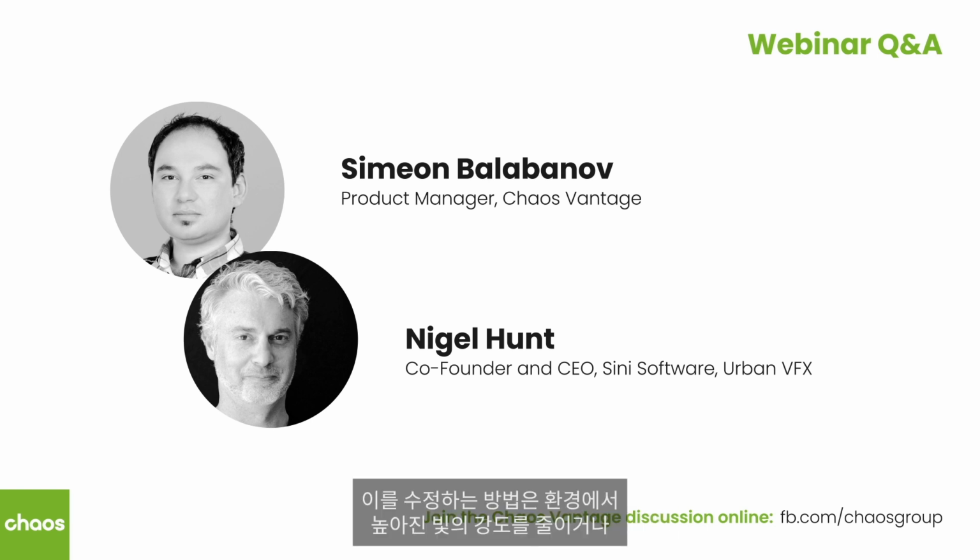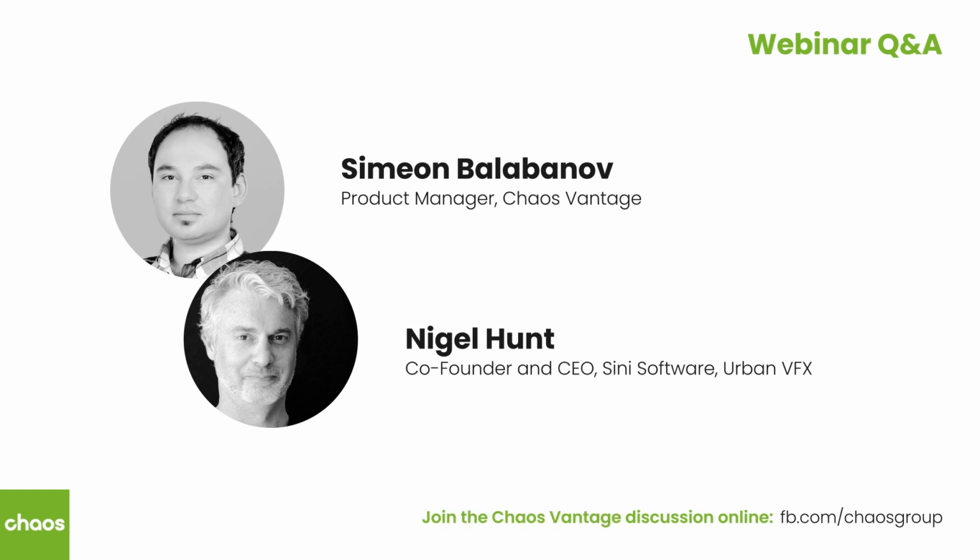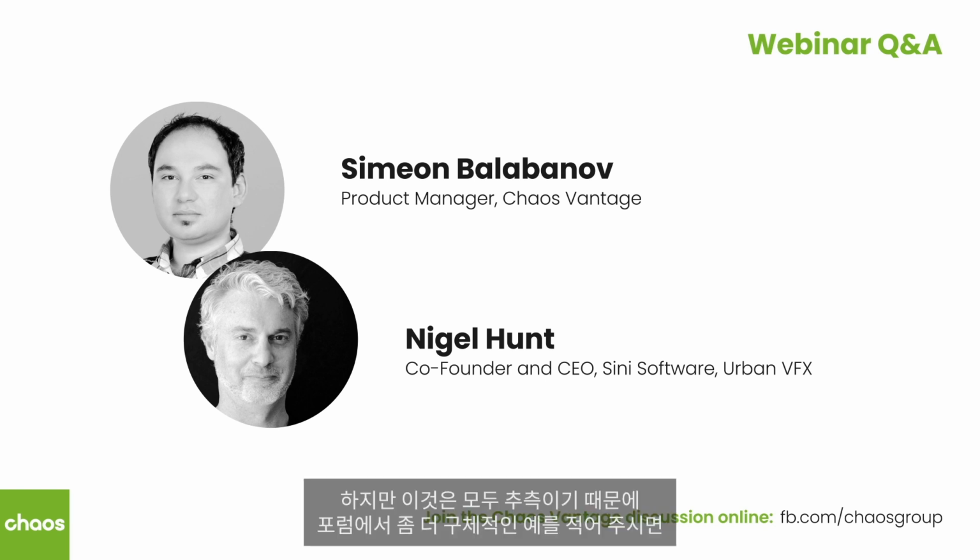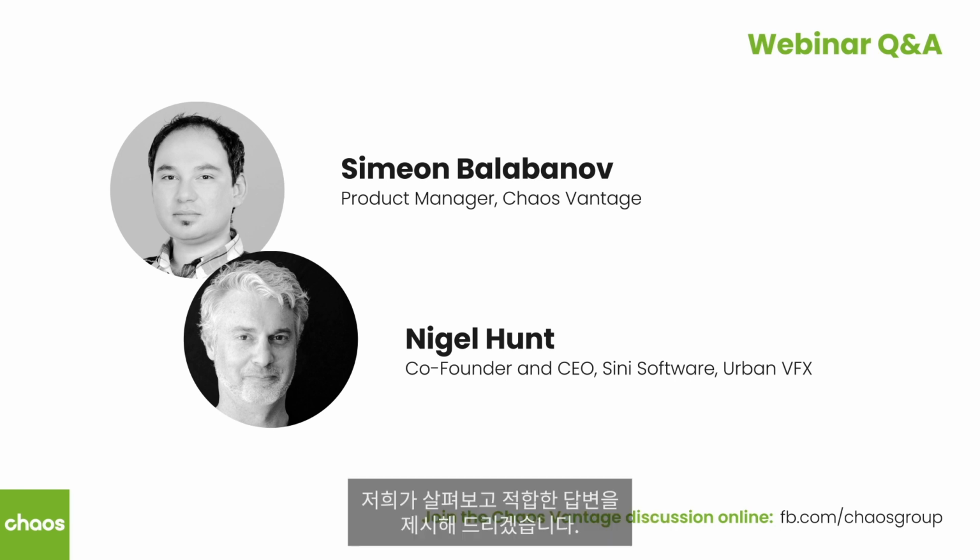The way to fix that could be to either reduce the higher intensities from the environment, or just wait a little bit for the image to clean up. But again, these are all speculations. So if you can write us with a more particular example on the forums, we'll gladly take a look and give more appropriate suggestions.